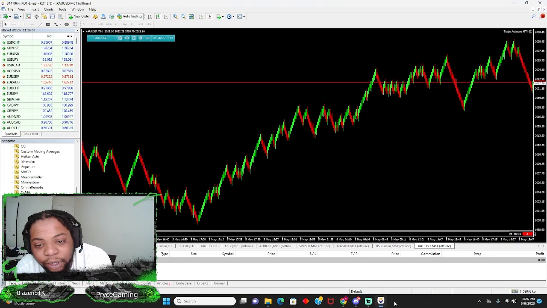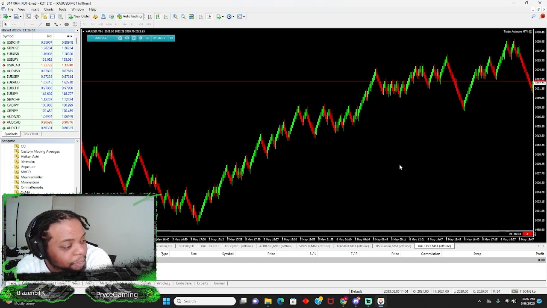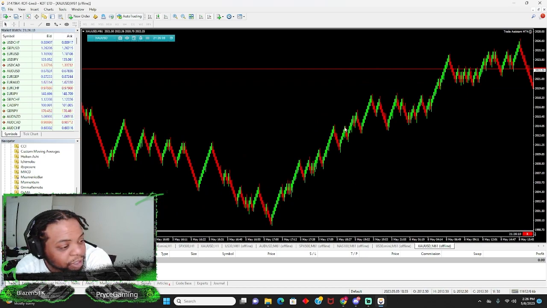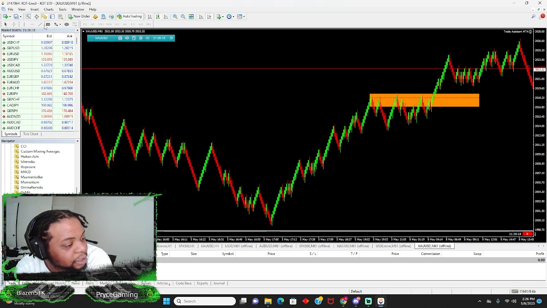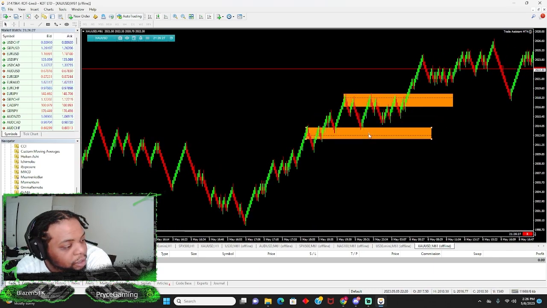How do you see that on real-life charts? Because they don't tell you. When price pushes up, this peak right here is resistance. This peak right here, or you could do this one right here, is resistance.